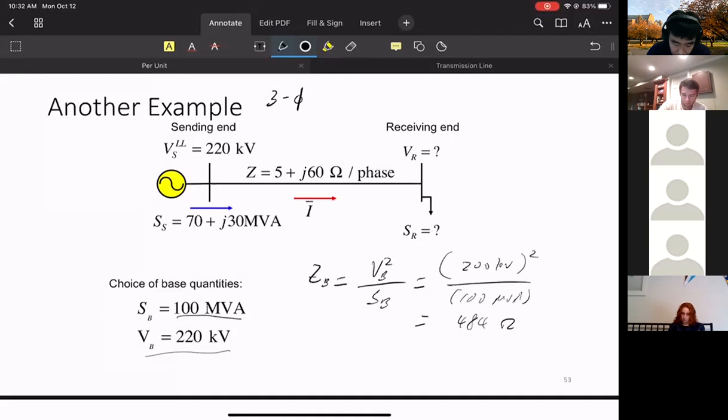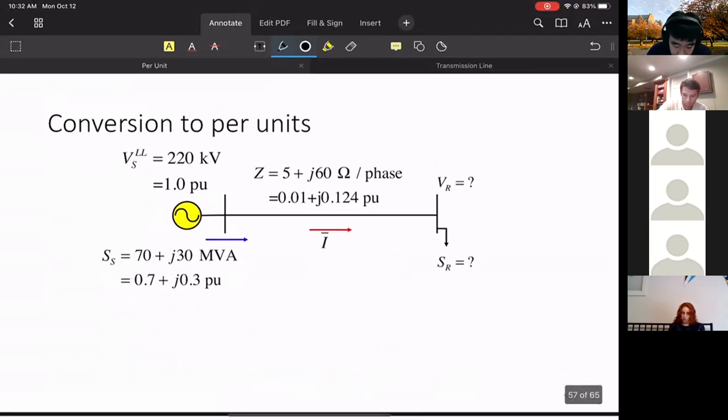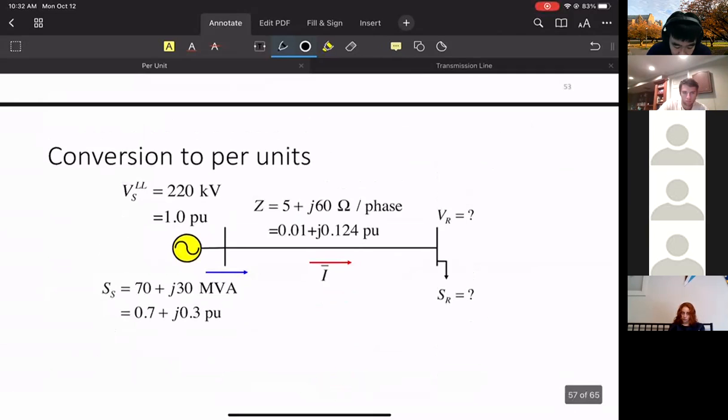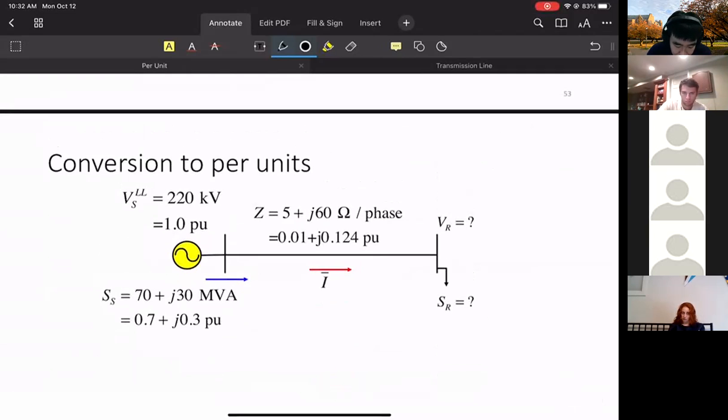Let's do this conversion. When we do the conversion, basically we divide everything by the base units, so our conversion is very easy. Voltage is 1 per unit, the power is 70 divided by 100 and 30 divided by 100, and the impedance is divided by Z base.